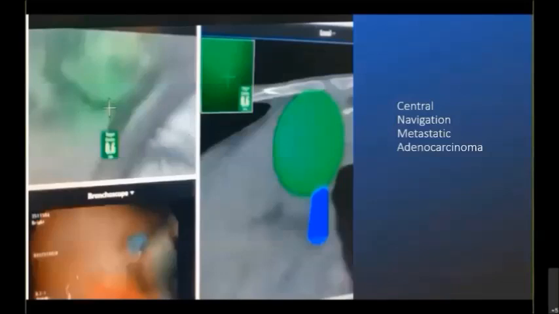But man, it really makes a difference with this continuous guidance. What I basically did was a standard TBNA, but used the continuous guidance to be able to get this kind of hilar lesion. And I fell in love with it. It really makes a big difference. I've struggled for a long time with these type of lesions, and it was nice to be able to use this tool. Next slide.